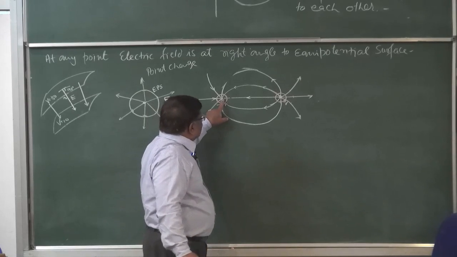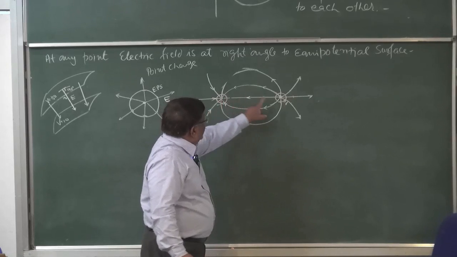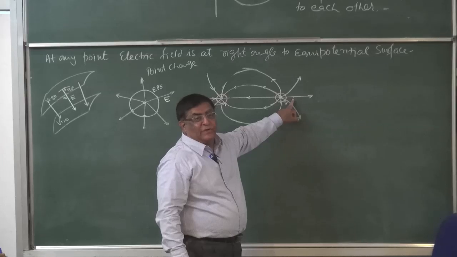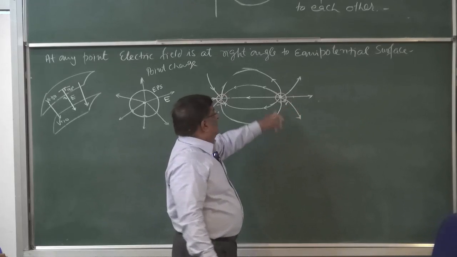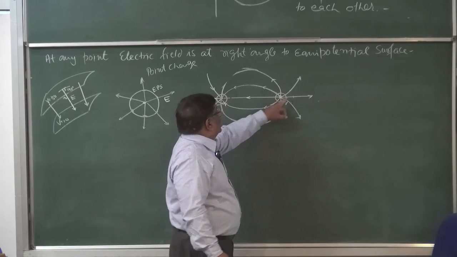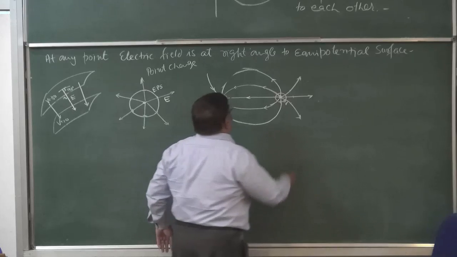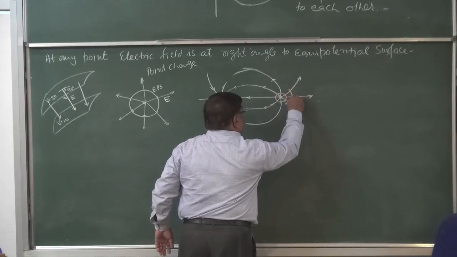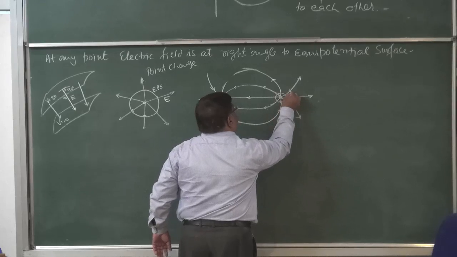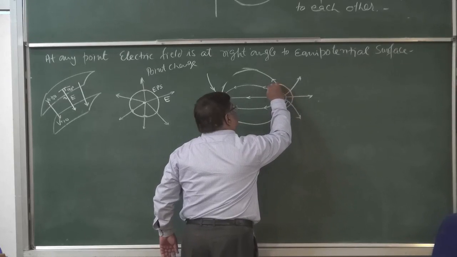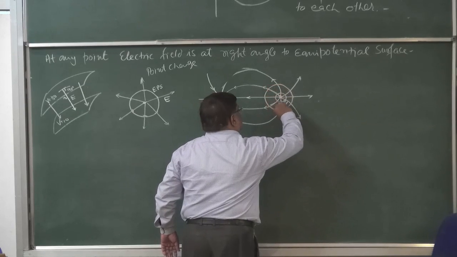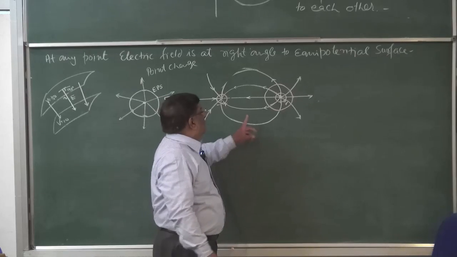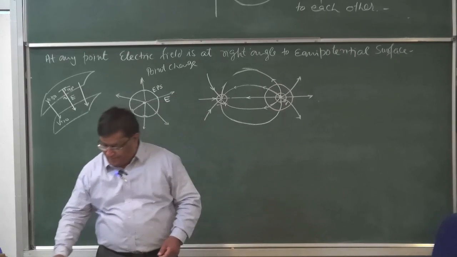Because of this minus, here there will be negative potential which will be less here, more here. So what we find is that here the equipotential will go this way. This is the equipotential surface here.